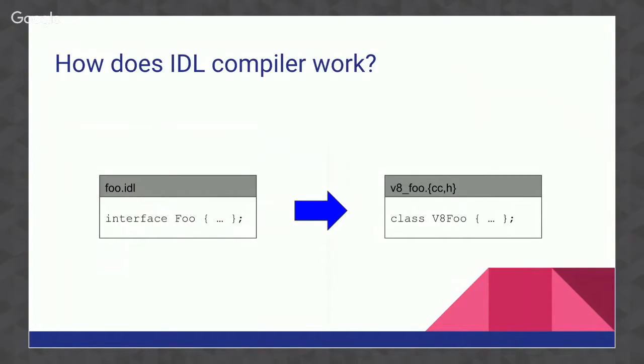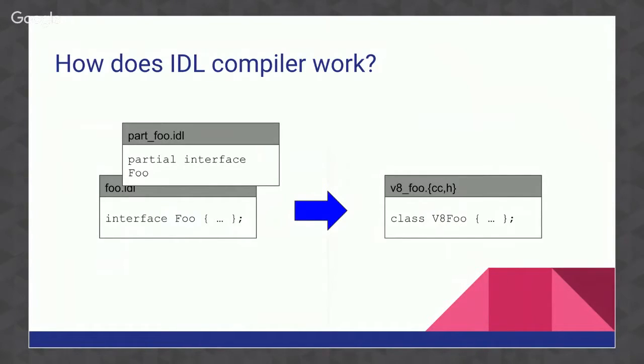And let's see how the current IDL compiler works. It is a simple design. If you have one interface defined in IDL, then the IDL compiler outputs binding C++ code.